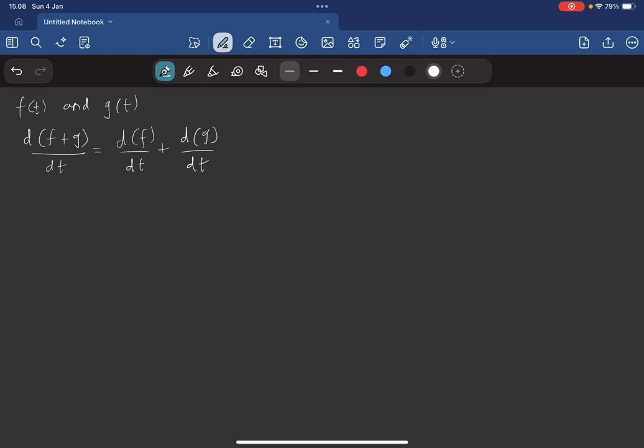The product of two functions is another function, and its derivative is the derivative of f times g plus f times the derivative of g. Not surprisingly, this is called the product rule.